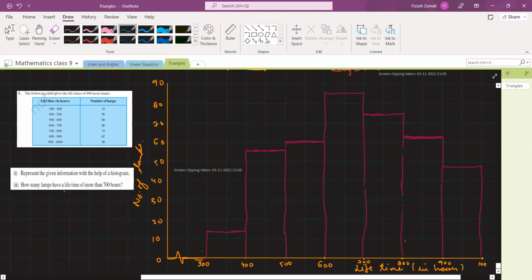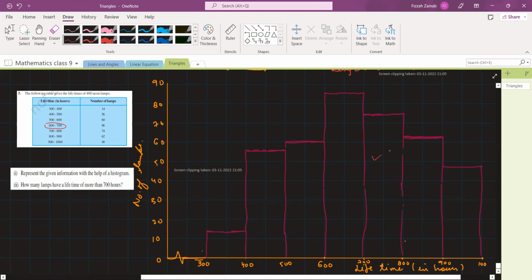Okay, second part. How many lamps have a lifetime of more than 700 hours? So more than 700, right? 700 is obviously not counted in this interval, so you have to take from the next interval. In the interval 700 to 800, the frequency is 74.